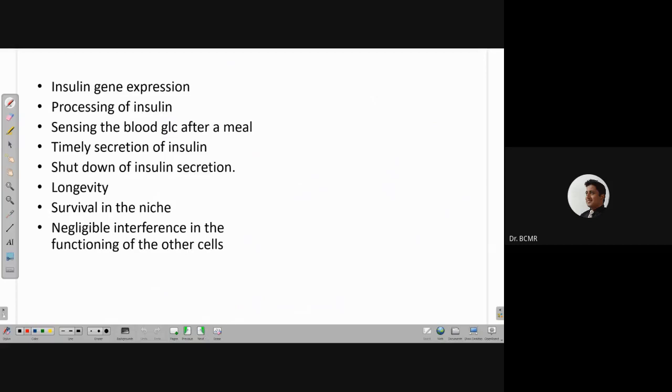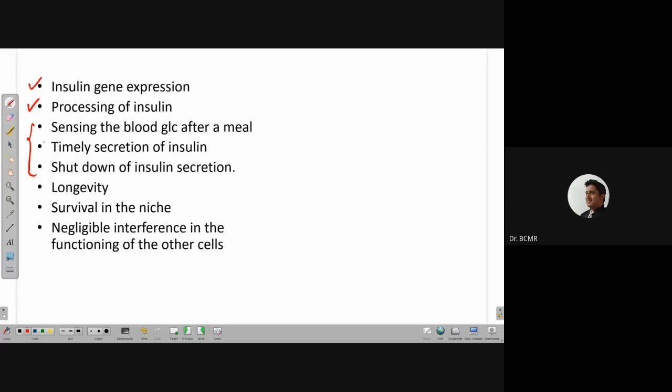So if we take the stem cell approach or any other approach, there are several things we need. First, we should have insulin expression. The cell should produce insulin. Second, the insulin expressed should be processed, which we will discuss, you already know, I guess. Then it should be able to time the production of insulin, when it should be produced, when it should be shut down.